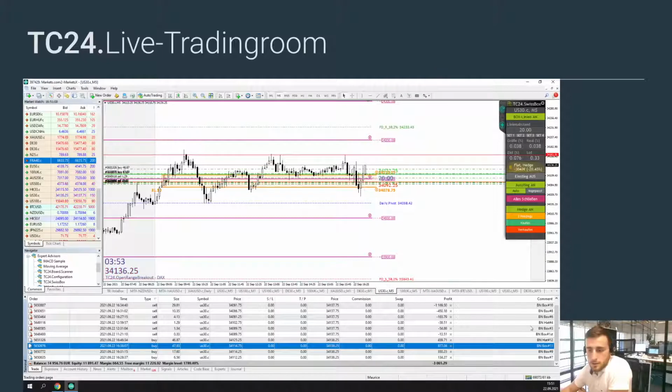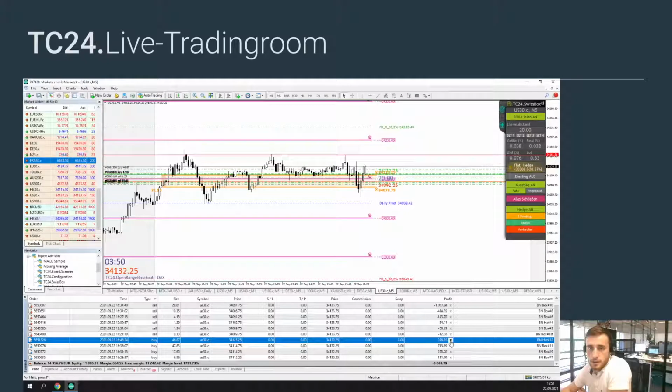Okay, and we've got the hedge trade here, which is in a bigger profit. 46. So here we are.